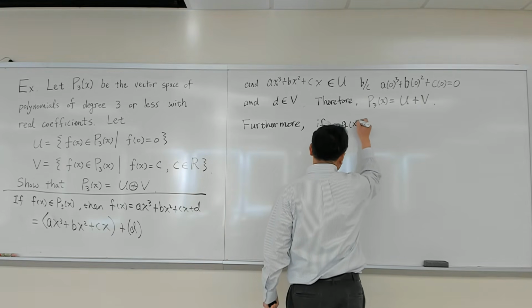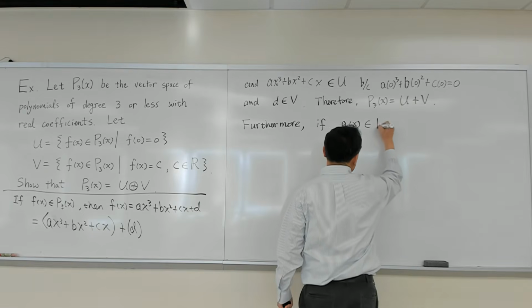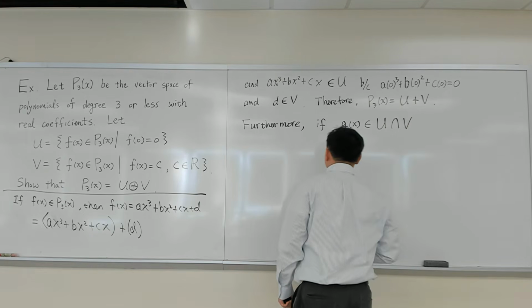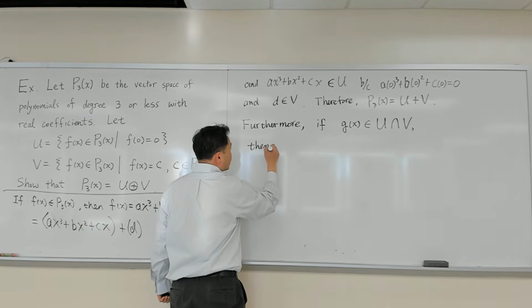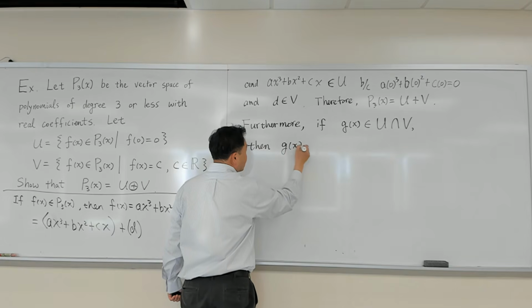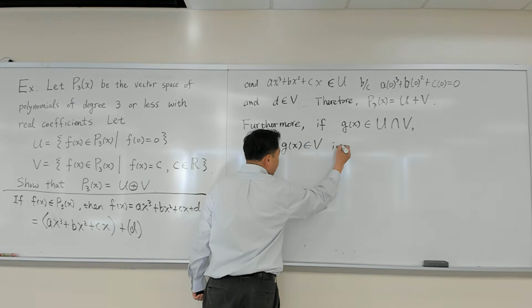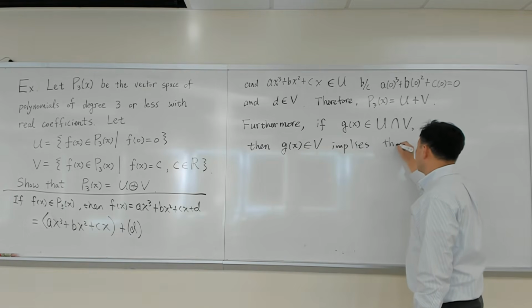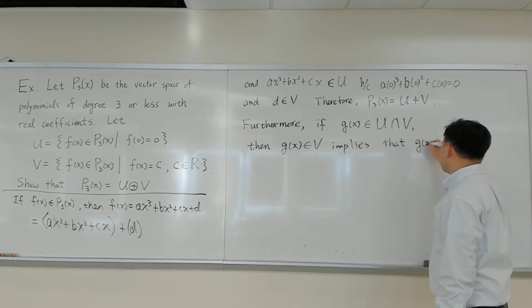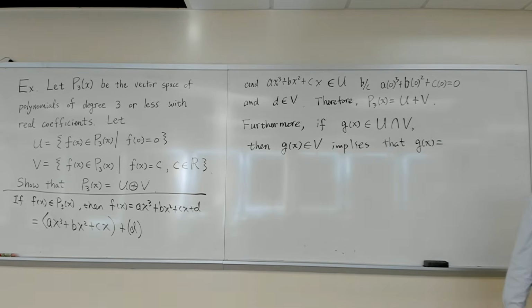If g of x is in U intersect V, then g of x in V implies that g of x is what does that imply? If g of x is in V, what do we know? Yeah?